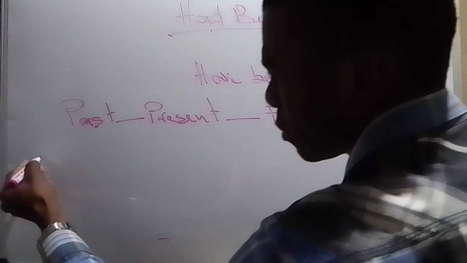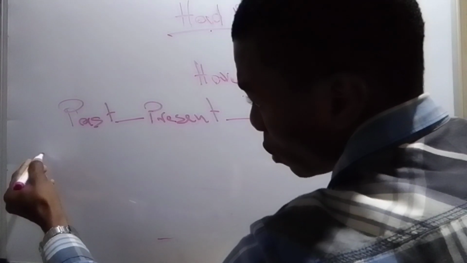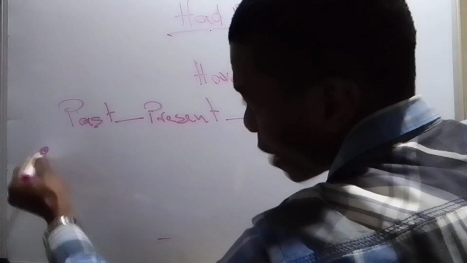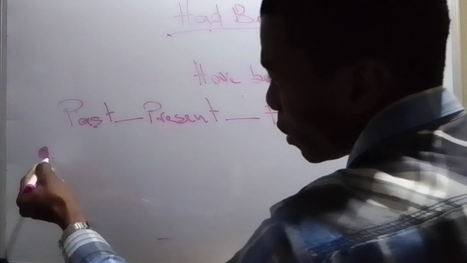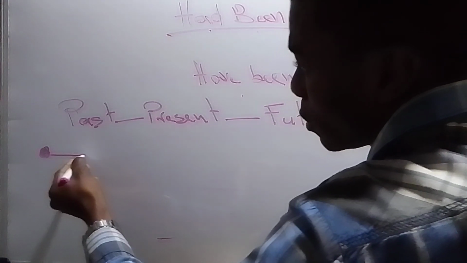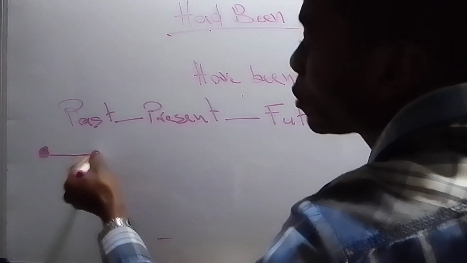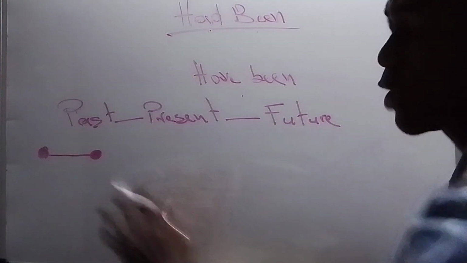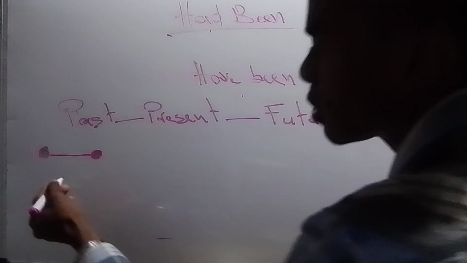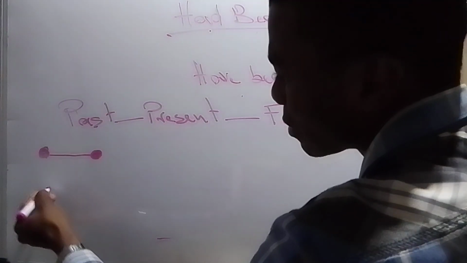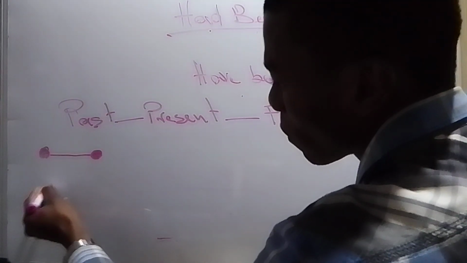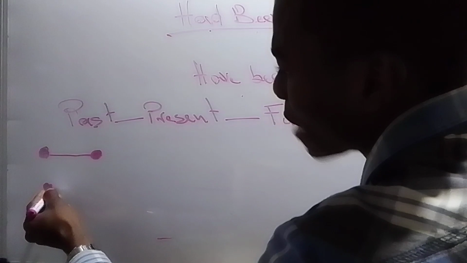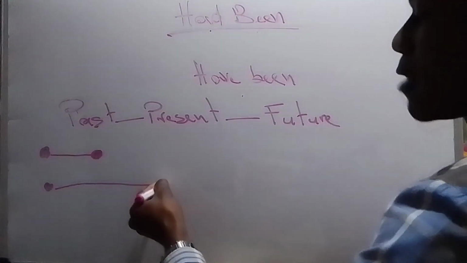It is something that started in the past, right here, and at another point in the past, that's finished. But for have been, it is something that started in the past and continued up to the present.